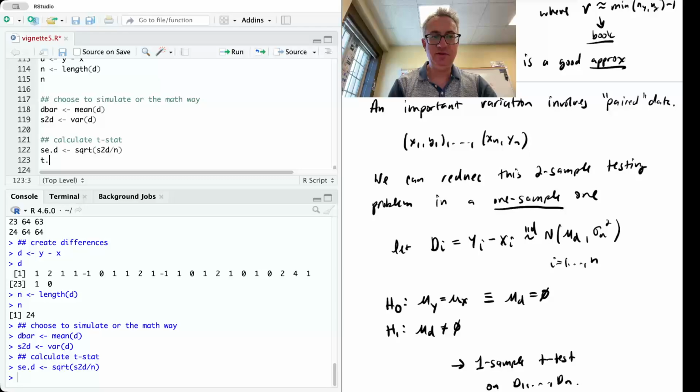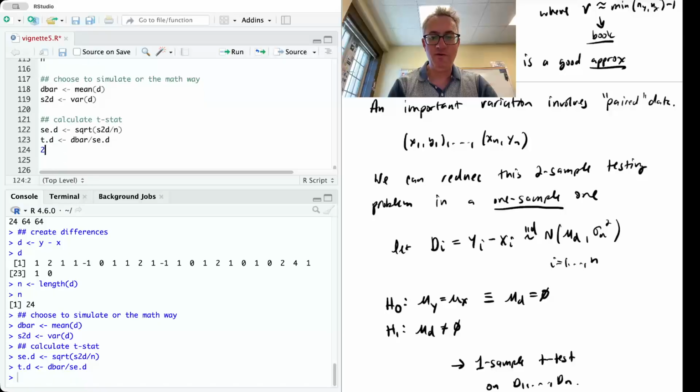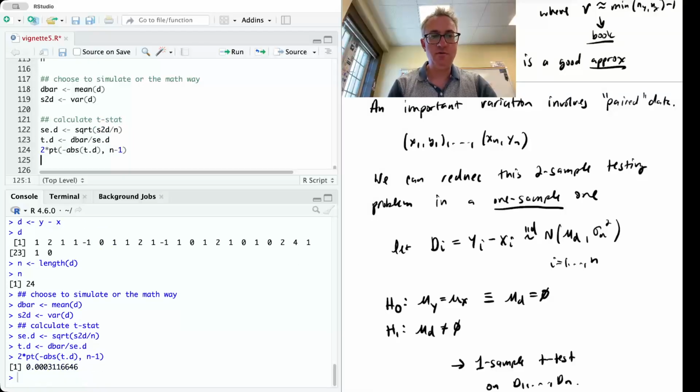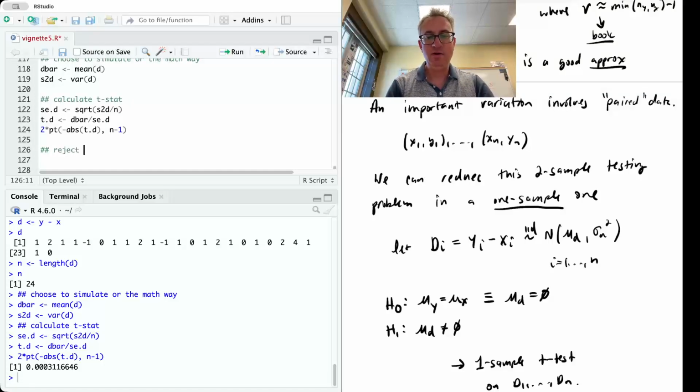Then my t-statistic is the estimate minus the thing you want to know, which is 0, so I don't need to put the 0 in there, divided by the standard error. Then I can calculate the p-value with n minus 1 degrees of freedom. This p-value is really small. This tells me that I can reject the null hypothesis that mothers and daughters have the same mean height.